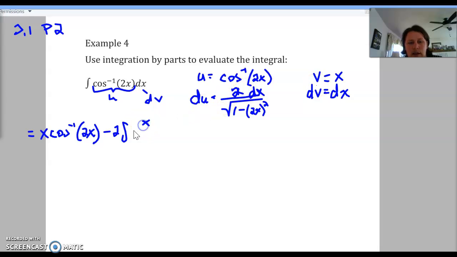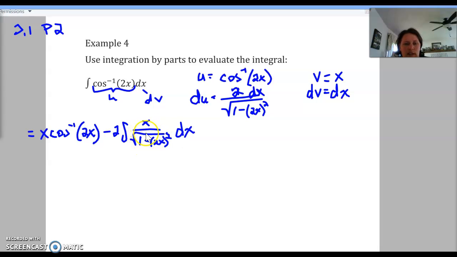So we're going to have x over the square root of 1 minus 2x all squared dx.